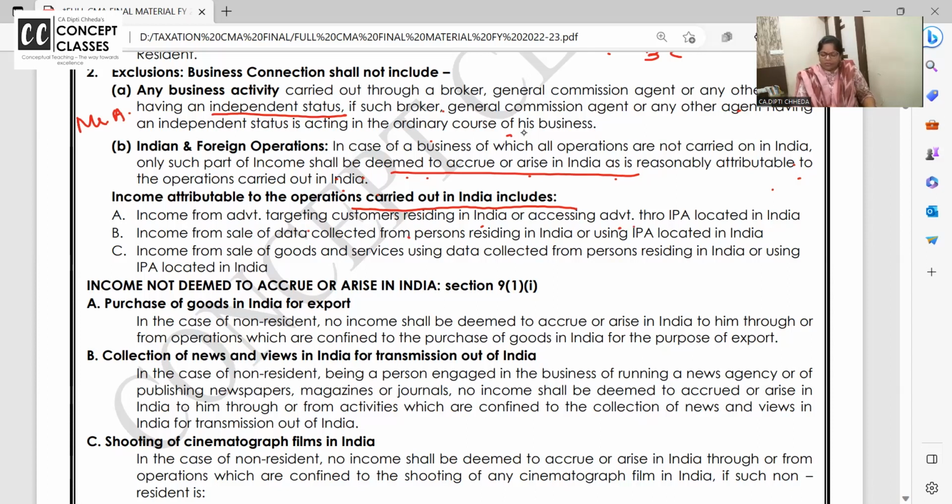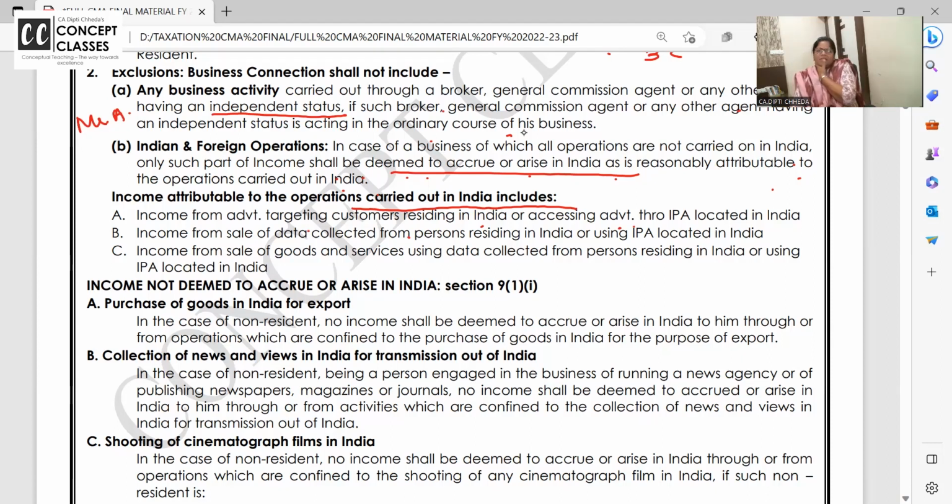So through advertisement the NRI is getting income from India, and how do we know it is from India? From where the IP address, the Internet Protocol address, is used. It is India's.